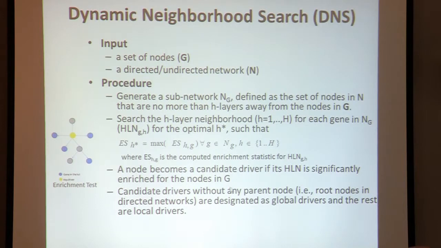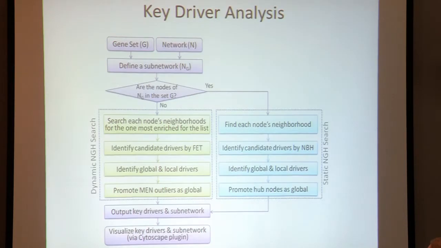A question. Could you go back to the slide and explain these acronyms? What does NGH stand for? Do you see where it says static NGH search? Yeah, so it's a dynamic NGH search and a static NGH search. NG is a neighborhood.